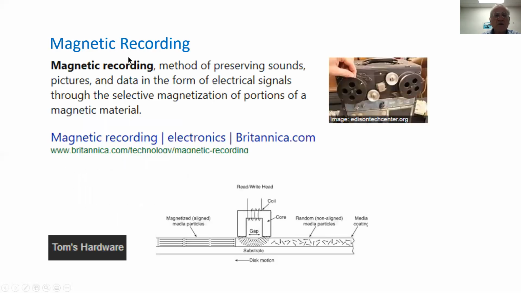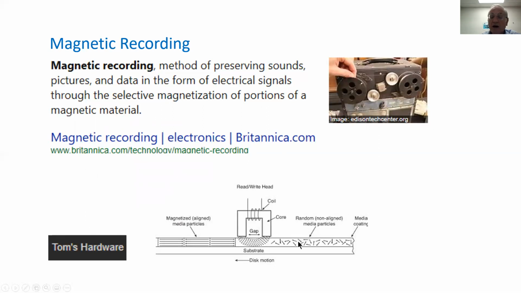The displays could take various forms, as the textbook shows us, and we'll take a look at a few of them. Magnetic recording, for example, is based on a device in which we have a disk in motion. We have a read-write head, and we charge the head in one direction.